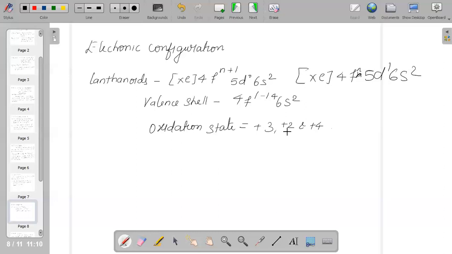The reaction of lanthanides with dilute acids releases hydrogen. And of course, they will form basic alkaline earth metal-like oxides and hydroxides.